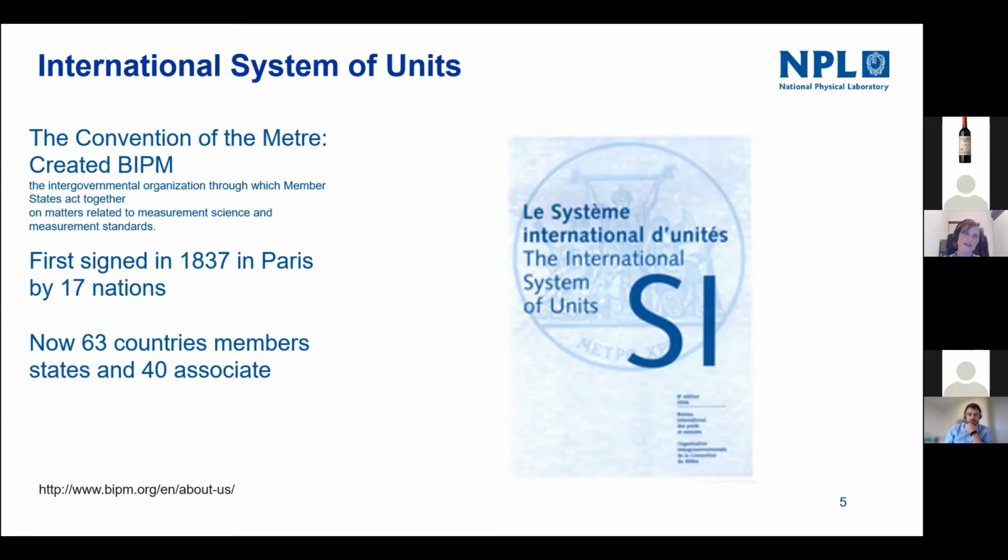So the countries who signed to this agree to use the same system of units for their measurements. And at the current stage, we have 63 countries which are full members, and 40 associated states. If you want to know more, this is the website address, and this is the BIPM, because this comes from French.